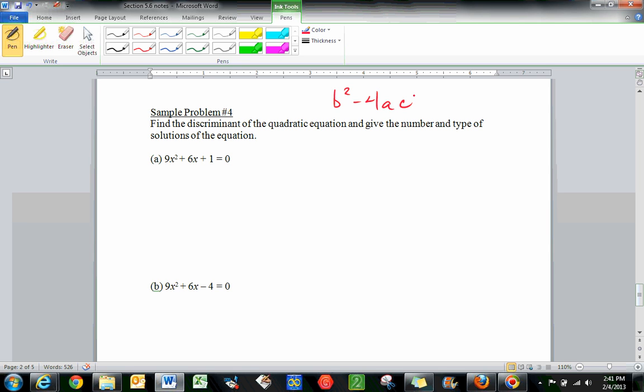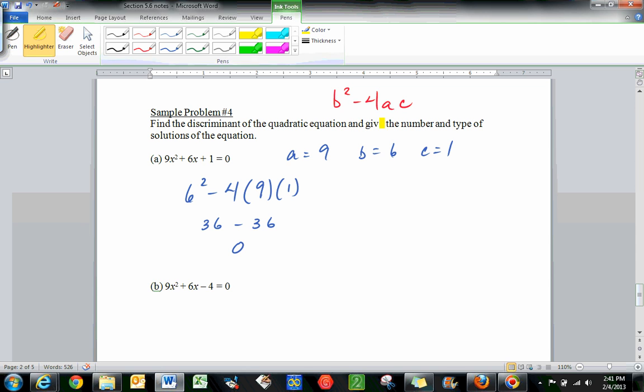Okay, from an identification standpoint, the first thing we need to do is identify our parts. We are going to take b squared, which is 6 squared, minus 4 times a times c, and this is going to give us 36 minus 36, which is equal to 0.